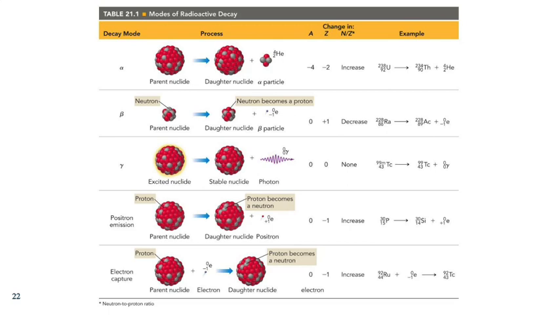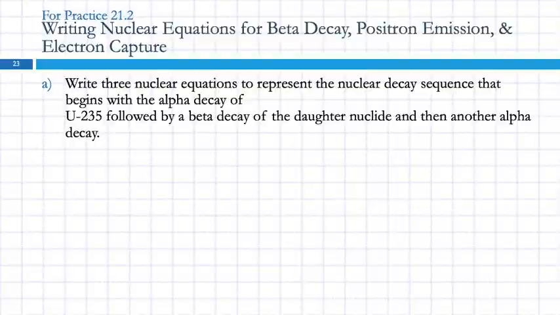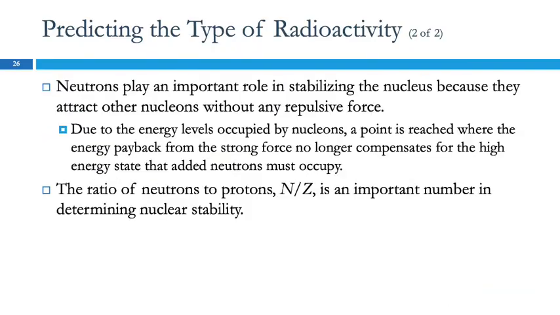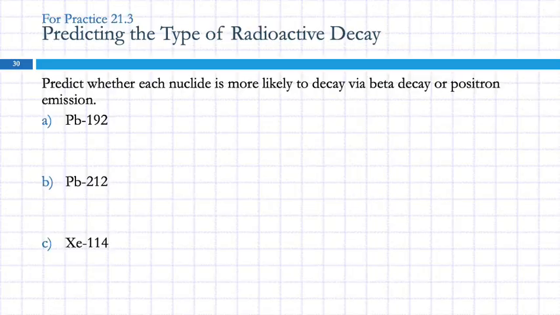That's going to cause your N to Z ratio to get smaller. In positron emission, it's the opposite. We're emitting a positron instead of an electron, and a proton changes into a neutron, so our ratio is going to go up. So beta decay, down; positron, up.